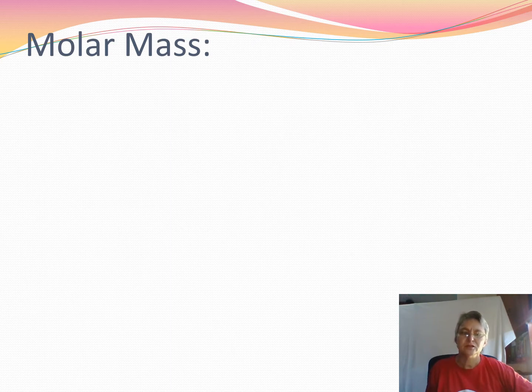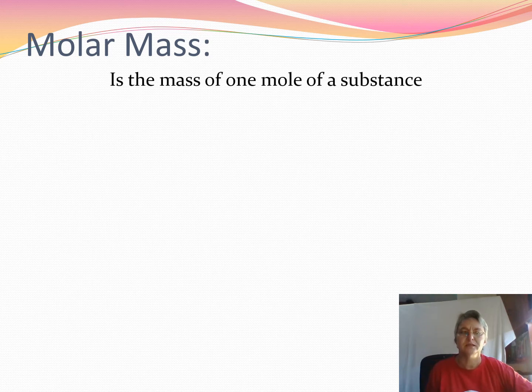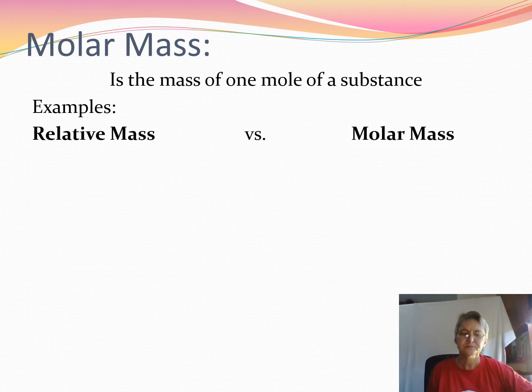So this brings us to the mass of a mole, molar mass. It is the mass of 1 mole of a substance. So let's do some examples where we compare relative mass to molar mass. We did the relative mass for carbon dioxide earlier, which was 44 atomic mass units.